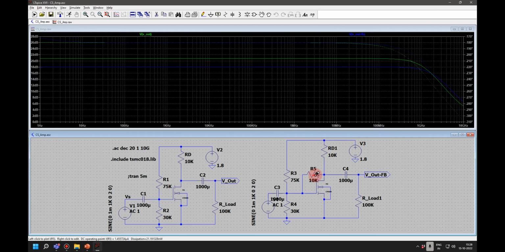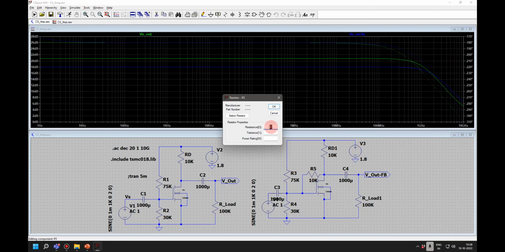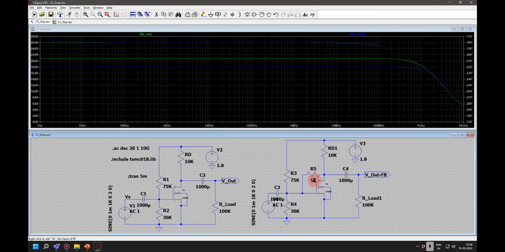Now, if I decrease the value, it will be a stronger feedback. So the gain will go further low, because I am sampling the voltage out here, and more current will flow here if I reduce this resistance.